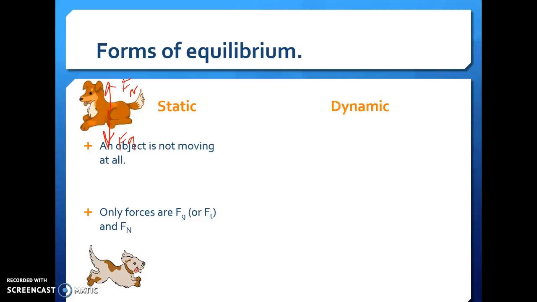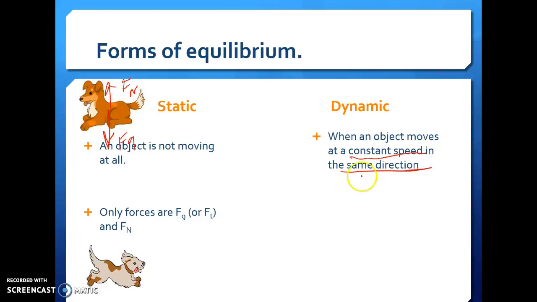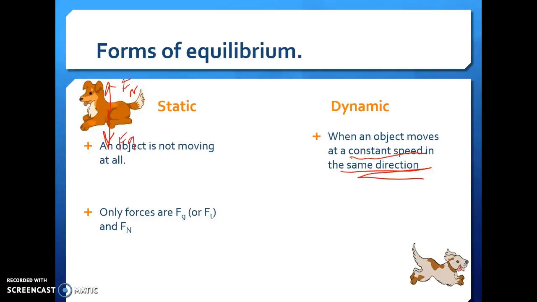Okay, then there's dynamic equilibrium. When an object moves at a constant speed in one direction, like this dog. Constant speed, one direction. That means the gravitational force and the normal force add to zero, and the applied force and the frictional force add to zero.